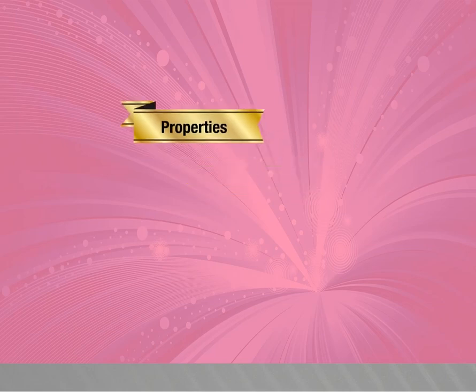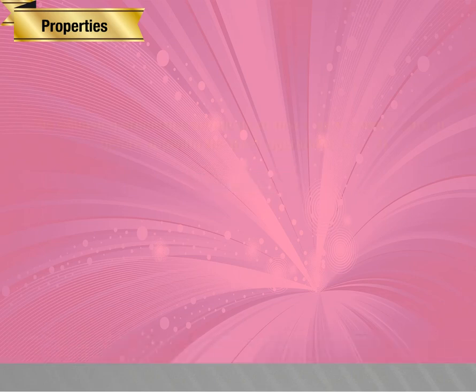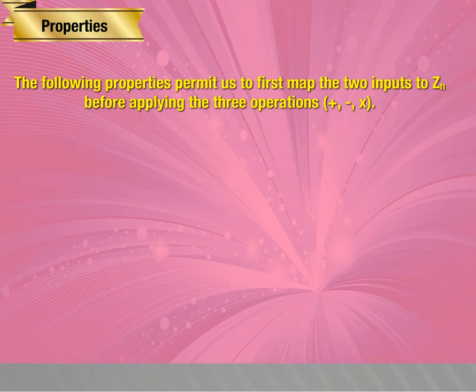Properties. We talked about that the 2 inputs to the binary operations in modular arithmetic can come from Z or Zn. The following properties permit us to first map the 2 inputs to Zn before applying the 3 operations: addition, subtraction, multiplication.